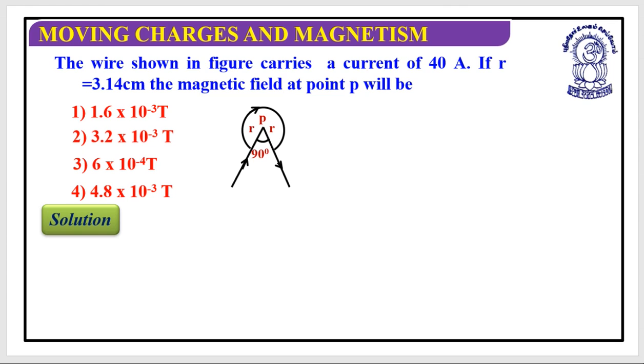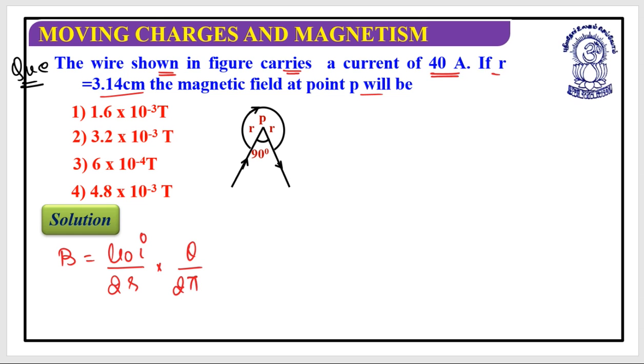Let's have a look at this question. It says that the wire shown in the figure carries a current of 40 ampere. If the radius is 3.14 centimeter, find out the magnetic field at point P. Okay, so I know the value, I know the formula. It's mu naught I by 2r multiplied by theta by 2 pi.